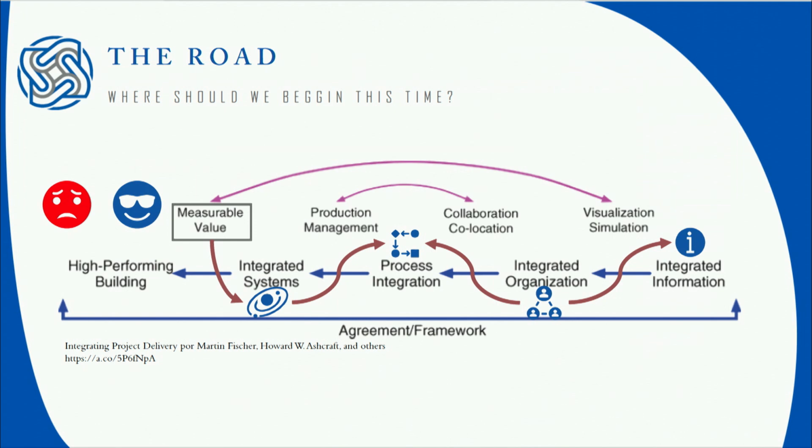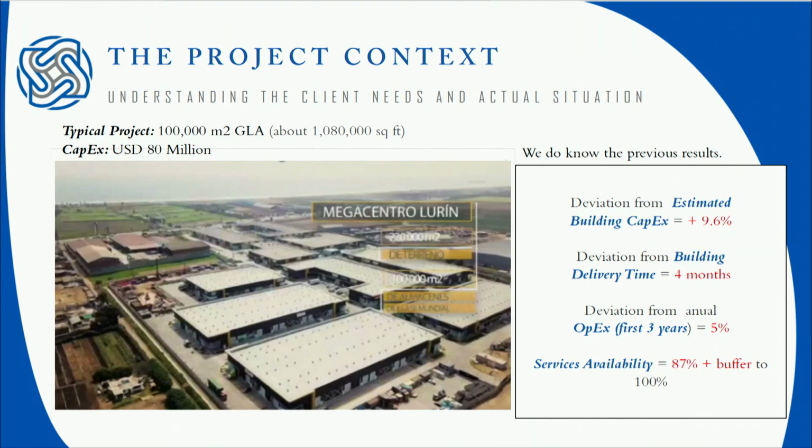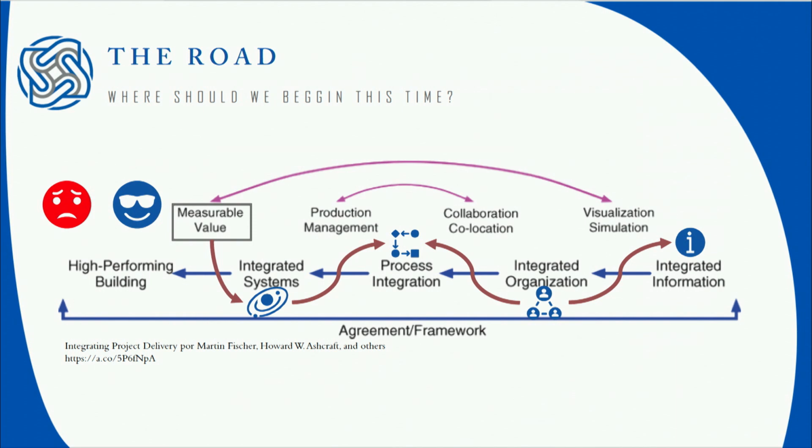This was the first part of the road: to recognize that we have bad results. These bad results need to be measured, quantified, in order to know where we are and where we want to be.